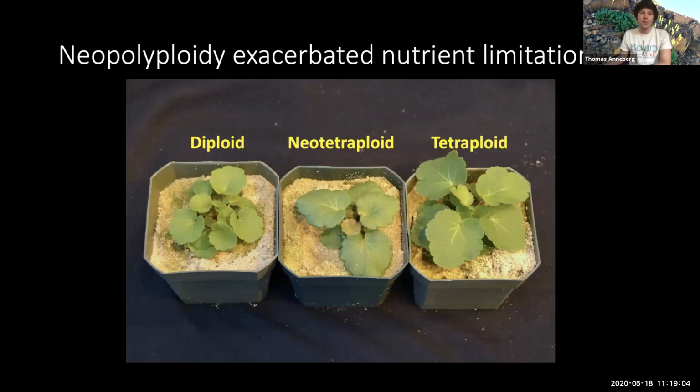So I really do think it's at these low resource environments, where there's not much difference, at least in total biomass production, where we might see these neotetraploids become established ultimately. But at these high nutrient treatment levels, we do see that the neotetraploids are a little more nutrient limited in the sense of carbon, nitrogen, and phosphorus than their diploid parents.